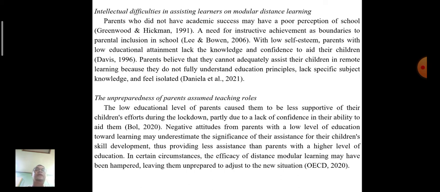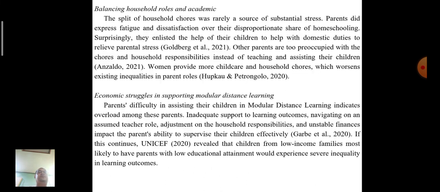Then you have the unpreparedness of parents in assuming teaching roles. These are based on the research questions and research objectives, and even on the instrument you have developed. You also have balancing household roles and academics with the discussion and citations, and economic struggles in supporting modular distance learning with the discussion.